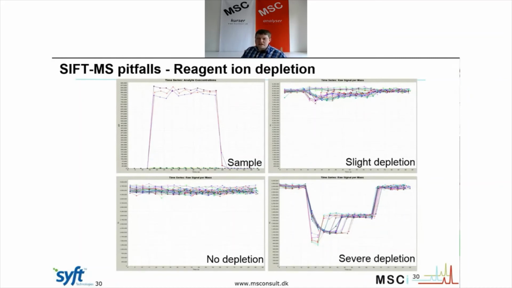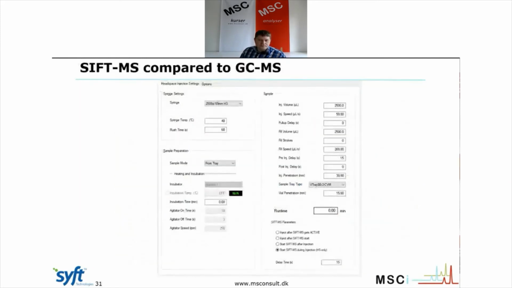For instance, I mentioned earlier analysis of wood chips, sawdust, and we could use the Syft-MS to tell the total amount of terpenes. But terpenes are so identical that it's not possible to tell which ones it is. And for that, you would then need GC-MS analysis, which we also did in this case.